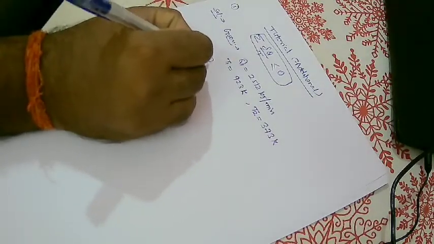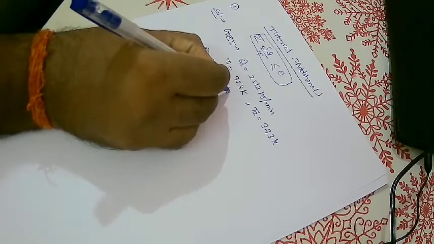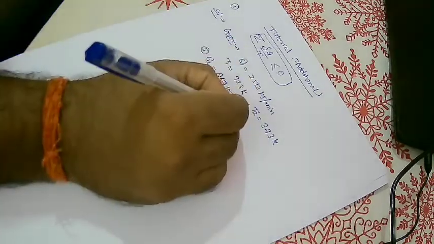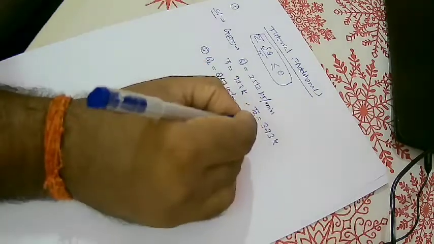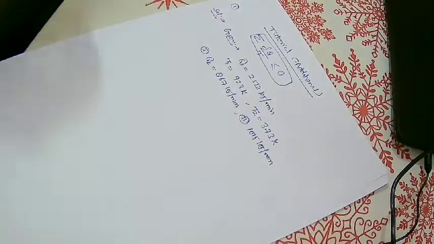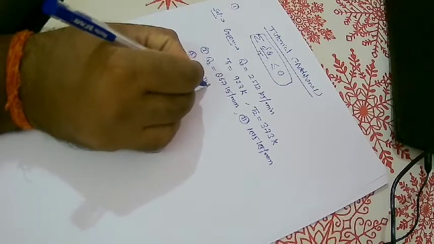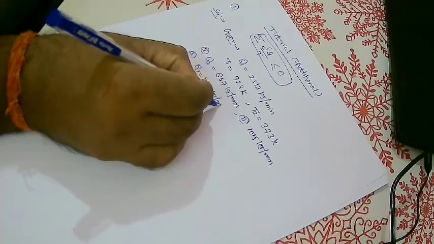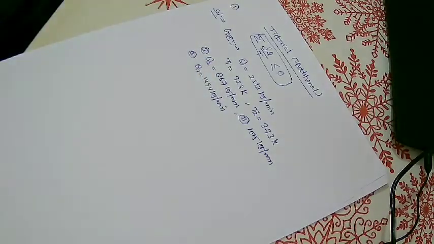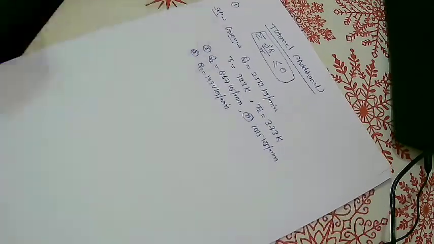First case, heat rejected is 867 kilojoule per minute. Second case, heat rejected is 1015 kilojoule per minute. Third case, heat rejected is 1494 kilojoule per minute. All these things are given to you, right? Now using these, I need to find out whether the given process is possible or not.